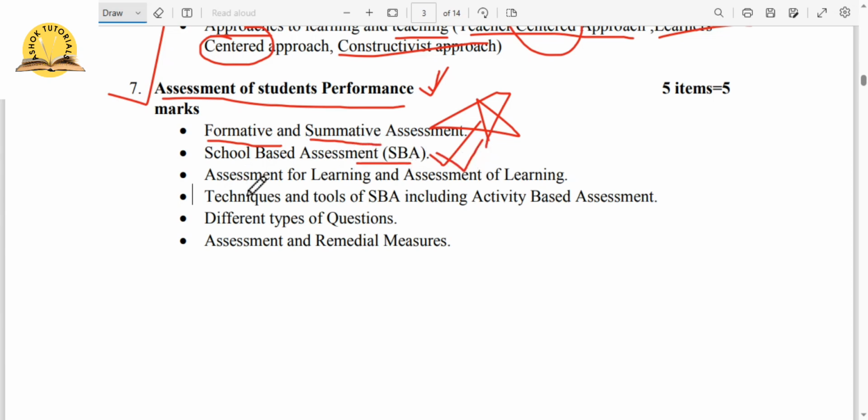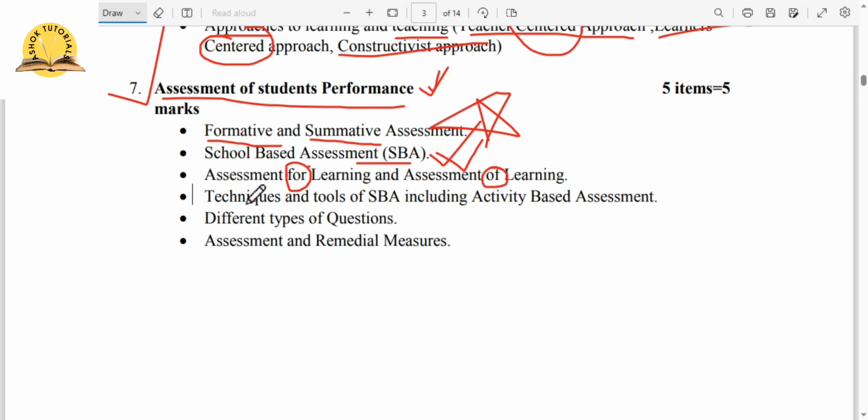Then assessment for learning and assessment of learning. See, this particular word is very important here. This for and of. So this is very important. Assessment for learning, assessment of learning. So these two terms are very important. This has got different meanings, all right?